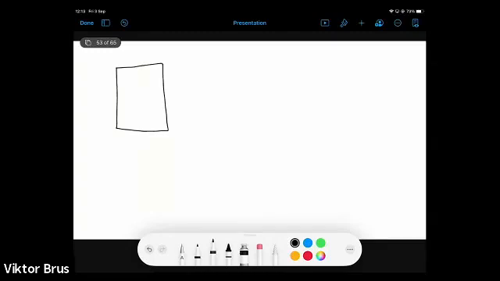We have some body here with weight mg. So let's put here axis y, which goes from down to up.